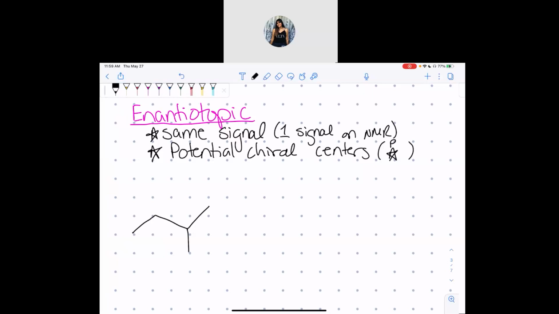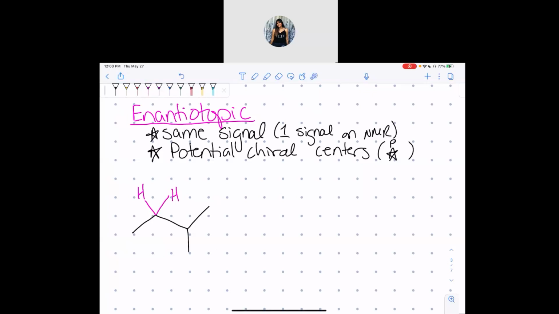For something to be chiral, we need four different groups. For something to be prochiral or potentially chiral, we need two unique groups and two hydrogens. I'll repeat that while I write this. We need two unique groups and two hydrogens.